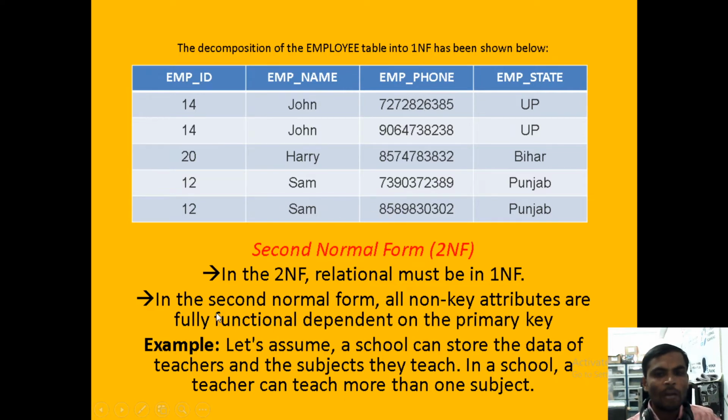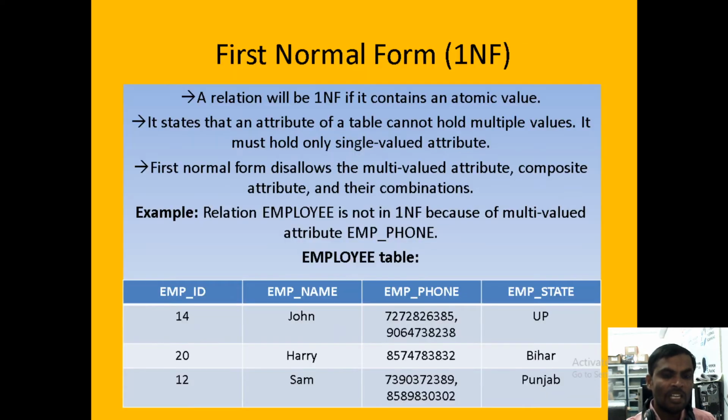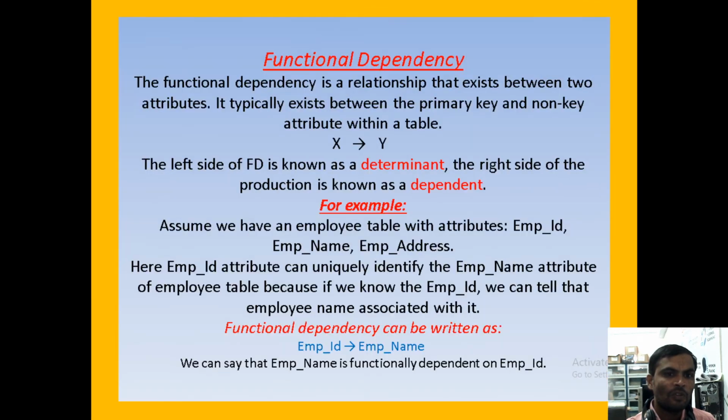Coming to the second normal form, the relationship must be in first normal form. In the second normal form, all non-key attributes are fully functionally dependent on the primary key. Functional dependency means a relationship existing between two attributes.